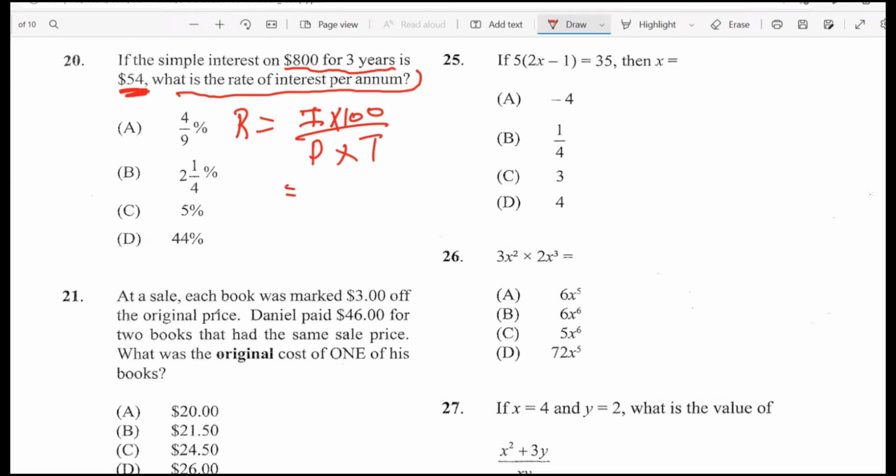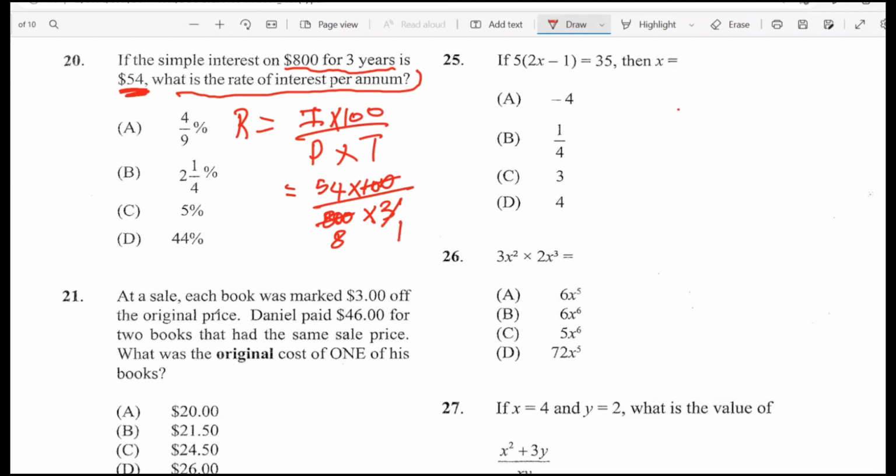So you would have said, all right, $54 times 100 over 800 is your P, which is the money you start with. The time is 3. Let's say we are employing some canceling easily. 100 into itself 1 time, 100 into 800, that's 8. So we could go 54 divided by 3 is 18.